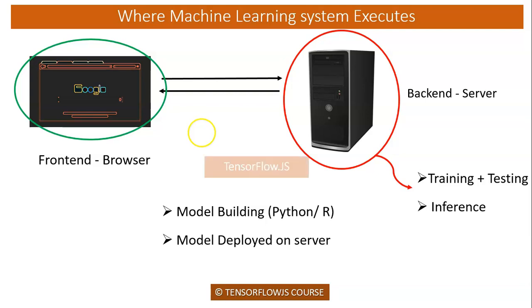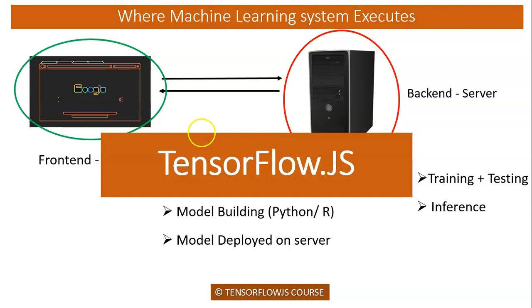And for that, we have a solution available, the Tensorflow.js library. So let's see some of the client-side libraries we are going to learn in this course, although the main focus of this course is to learn the Tensorflow.js library.